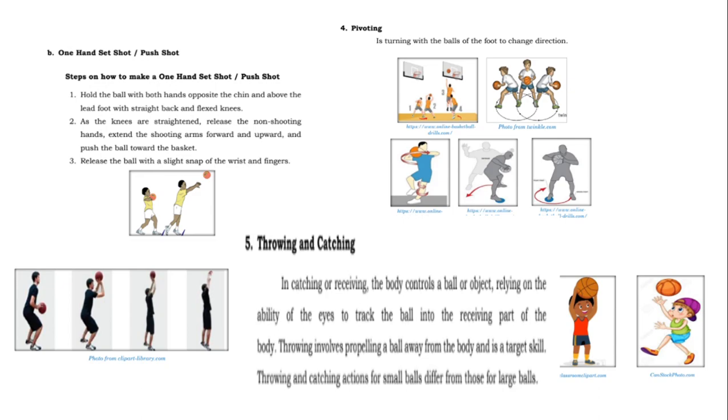Passing, there are different passing. We have the chest level or beyond our head or beyond our shoulder. And shooting naman, we have the push shot from a chest level and the two-hand set shot. And pivoting, pag umiikot. Throwing and catching is an application of passing and shooting.